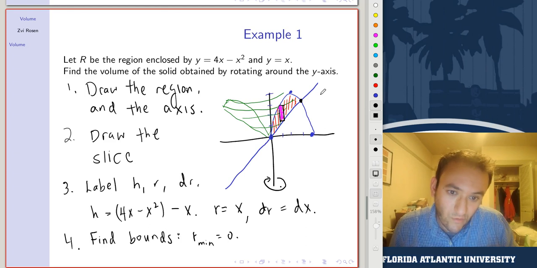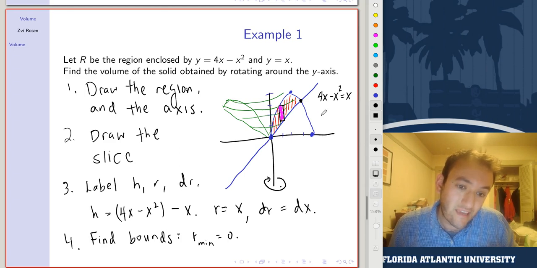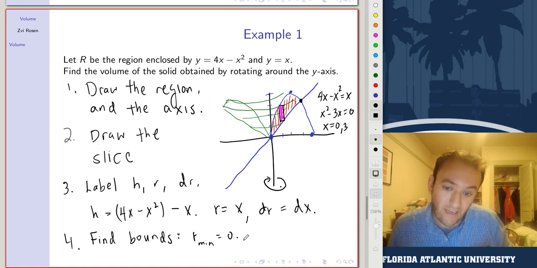When these are equal, 4x minus x squared will be equal to x. That's the same thing as saying that x squared minus 3x equals 0, and that means x is equal to 0 or 3. So the other intersection point will be x equals 3. So r max equals 3.